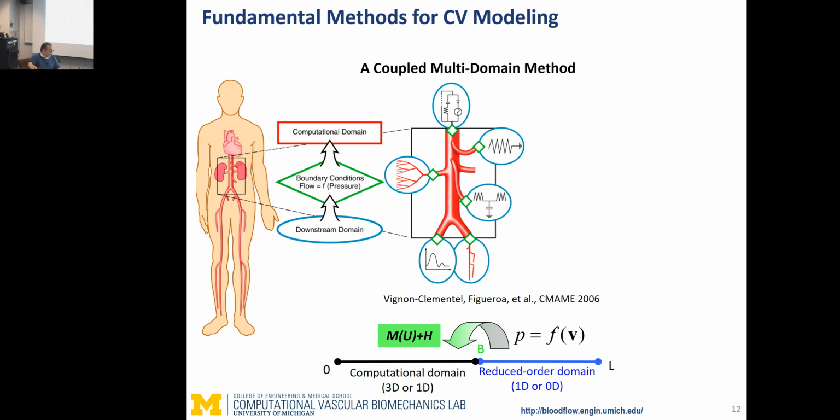So instead, you need to come up with simpler models of the circulation that you couple to each of those outflows. And you basically have what in mathematics is called a variational multi-scale method or a multi-domain method, where you have a part of the overall computational domain in which you have a modeling approximation, in this case 3D Navier-Stokes, and then these peripheral parts that have a simpler model of the circulation.